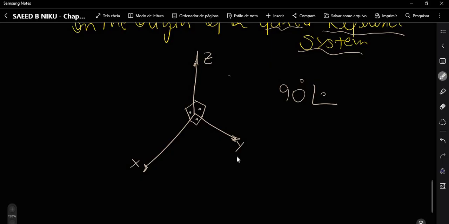As we can have more than one reference at the same time, we will be using x, y, and z to represent a fixed reference system from a universe, like F of x, y, and z, and this is a fixed reference system.